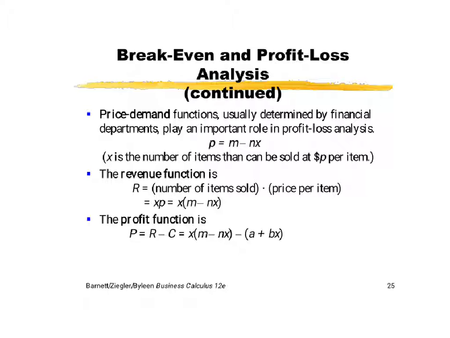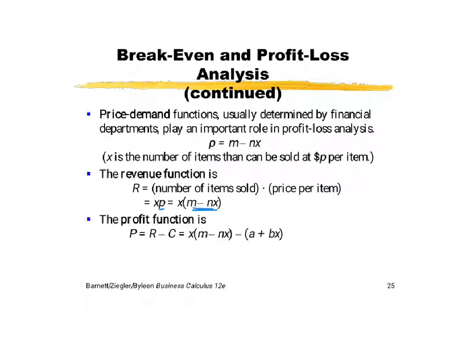Okay. Next, we have the revenue function, which is R. R just represents the number of items sold times the price per item. So we have XP, or X times P, representing the price, in which case P equals M minus NX. So we have X times M minus NX, just replacing P with the expression that it equals.